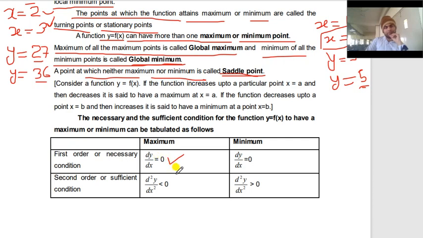It is equal to 0 for both maxima and minima. Then we take the second derivative of the function: if the answer is less than 0, then it is maxima, and if the answer is greater than 0, then it is minima. These are the two conditions for the maxima or minima of a function.